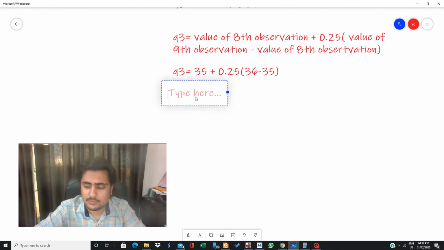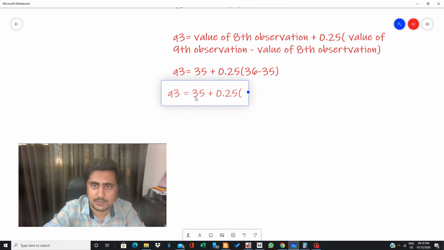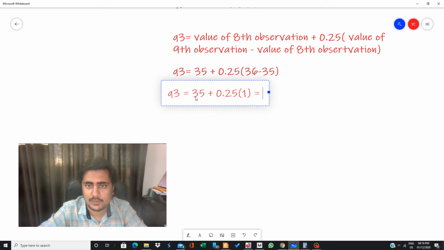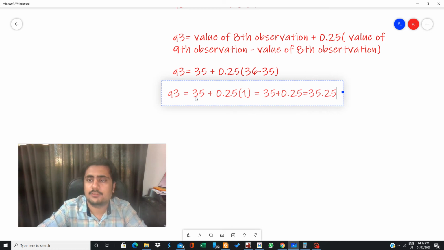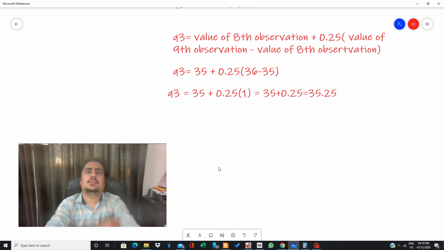So your third quartile will be 35 plus 0.25, that is 35.25. So this is basically your quartile 3.